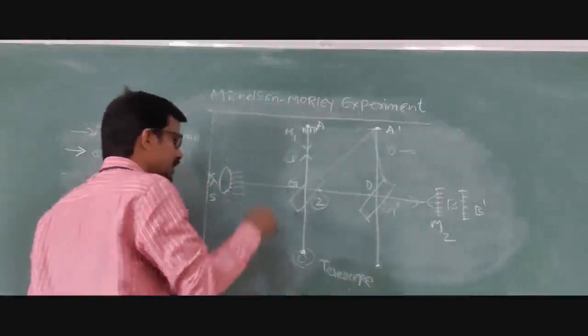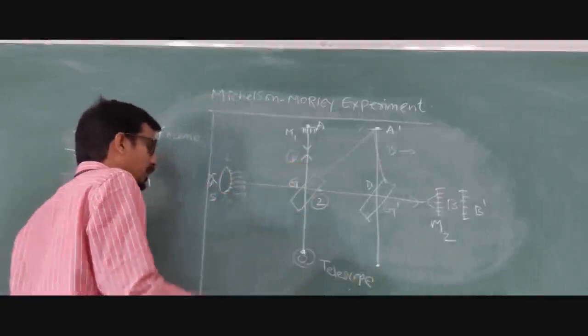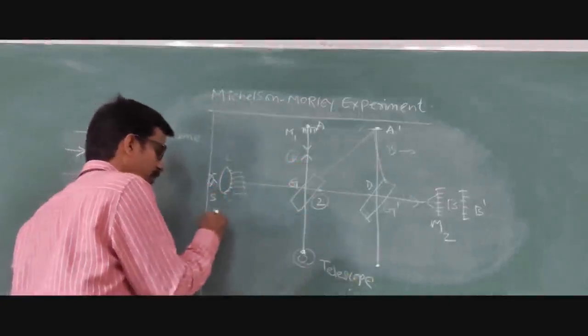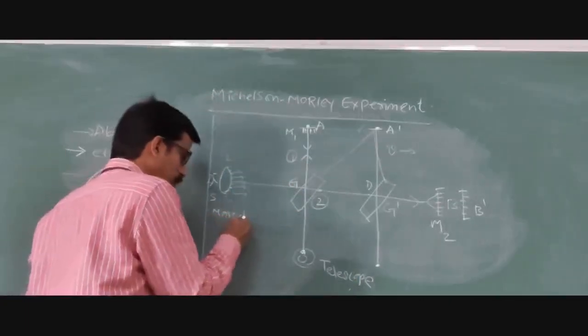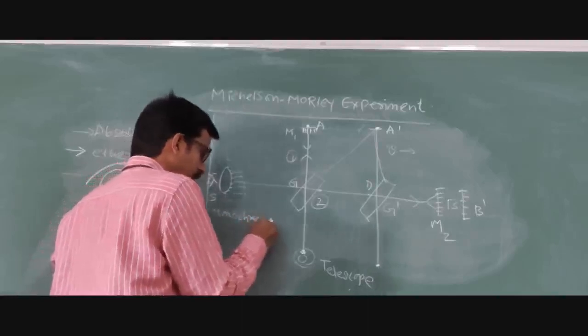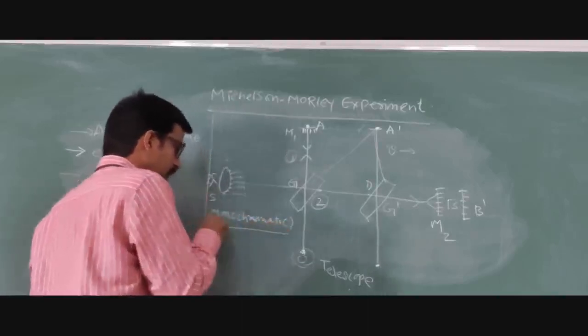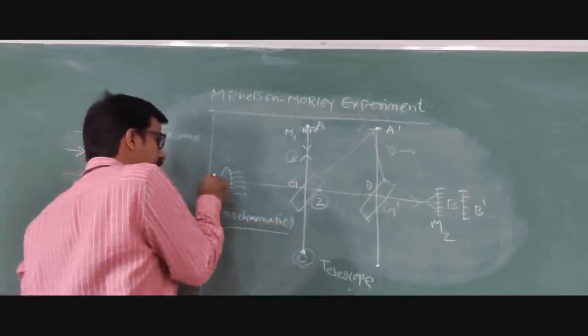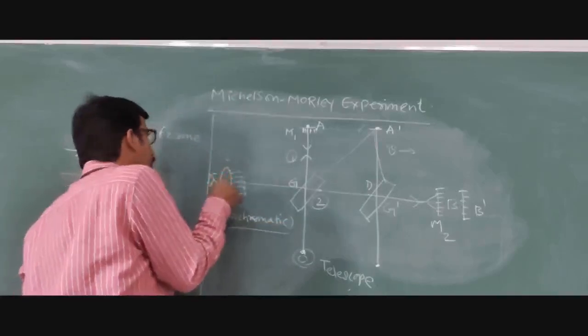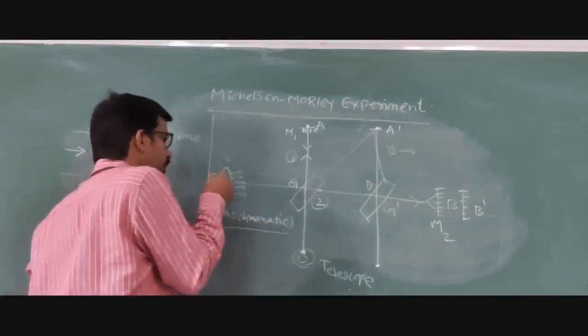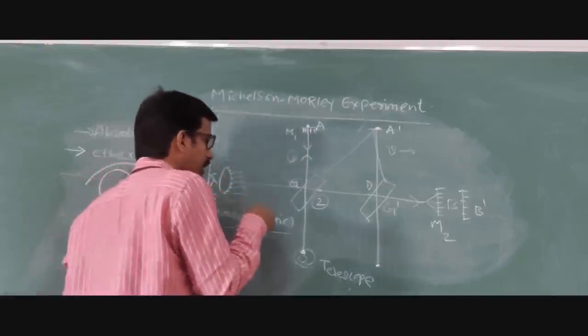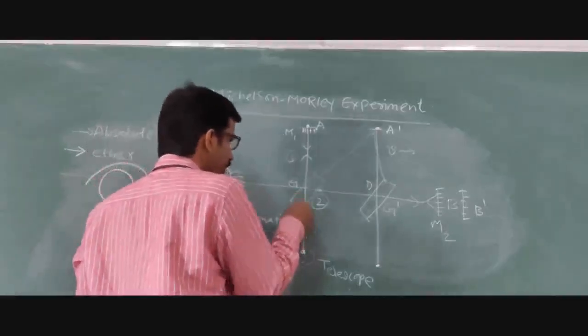Let us discuss the arrangement. We have monochromatic light. Monochromatic means what? Single wavelength. And the lens holds the light so the path does not get deviated from the other direction. And here is the semi-silver glass plate.